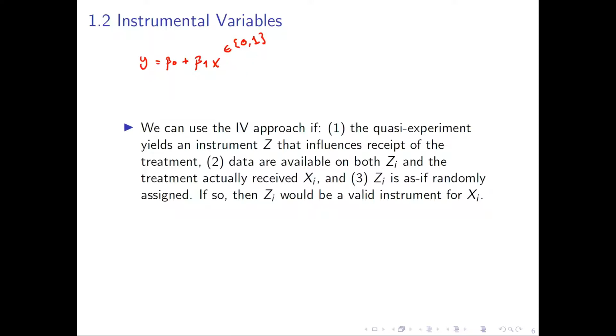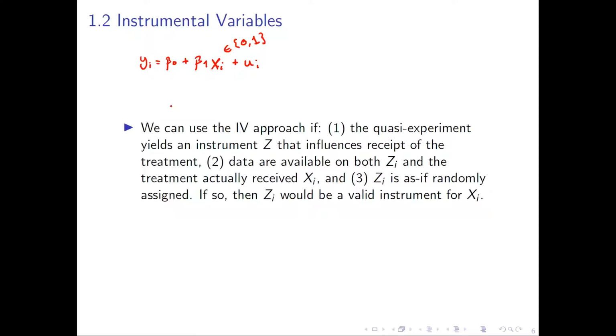So x is equal to 0 if the person i here did not get the treatment, and equal to 1 if person i got the treatment. But we have a problem, because this x, the assignment of treatment, is not entirely random.